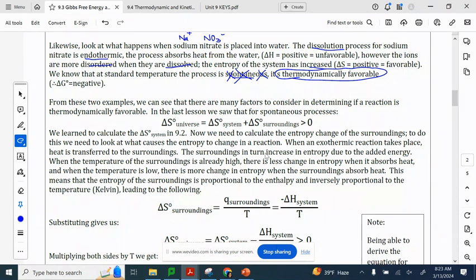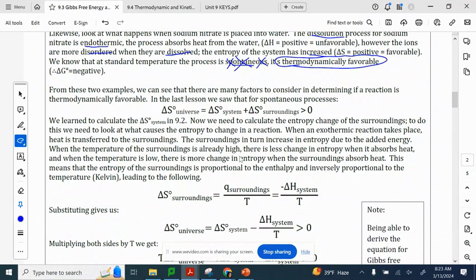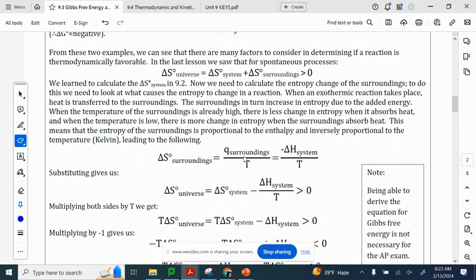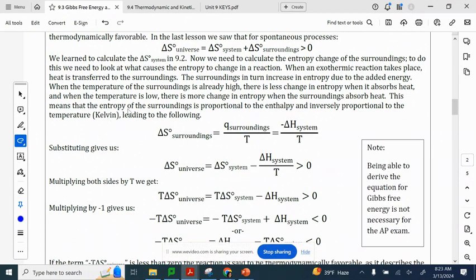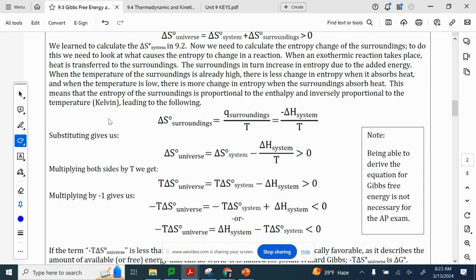The surroundings in turn increase in entropy due to the added energy. When the temperature is already high, there's less change in that entropy when it absorbs that heat. And when the temperature is low, there is more change in entropy. So that means that the entropy of the surroundings is proportional to the enthalpy and inversely proportional to temperature.